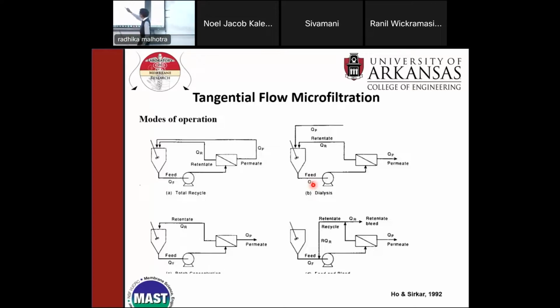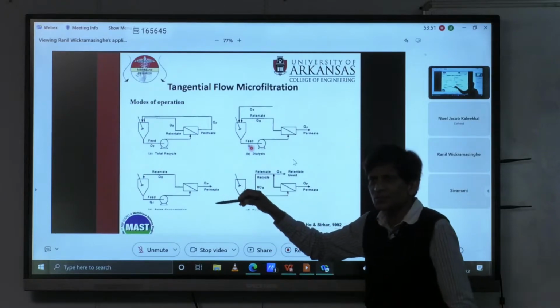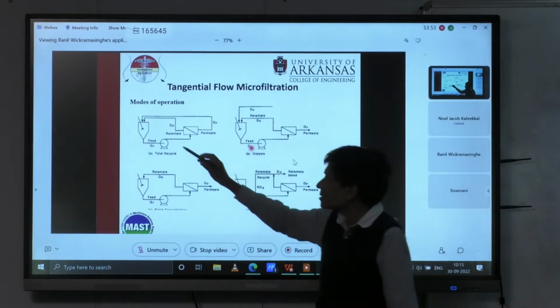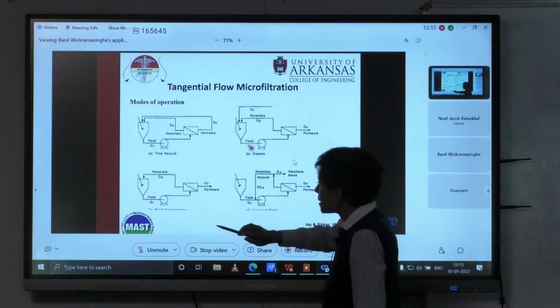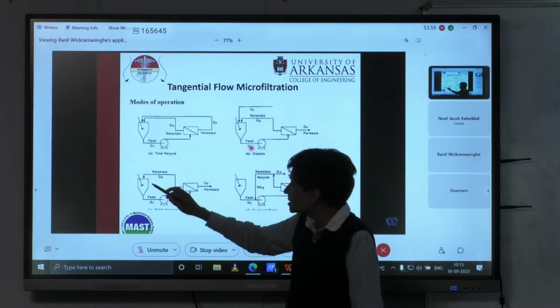This is how you would operate tangential flow microfiltration, and this is a microfiltration process, okay? So you could either do a concentration mode, or this is actually total recycle. The feed's coming, you take your retentate back and your permeate, you put it back in the feed reservoir. Typically we do that for lab scale experiments to look at membrane performance under constant concentration. Batch concentration is very common in the biotech industry and also in this cell washing.